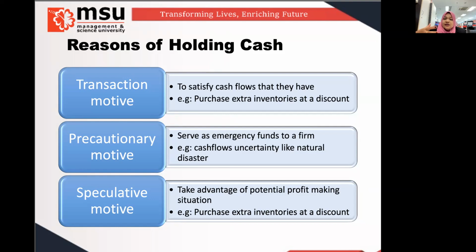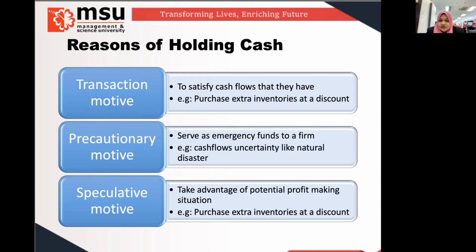Precautionary motive is when any emergency happens, for example an accident, which requires immediate cash payment. If you do not have enough cash, how can you solve the problem? That is why a business needs to have cash. For example, there is an accident in the factory, and one of the staff slipped during the cleaning.